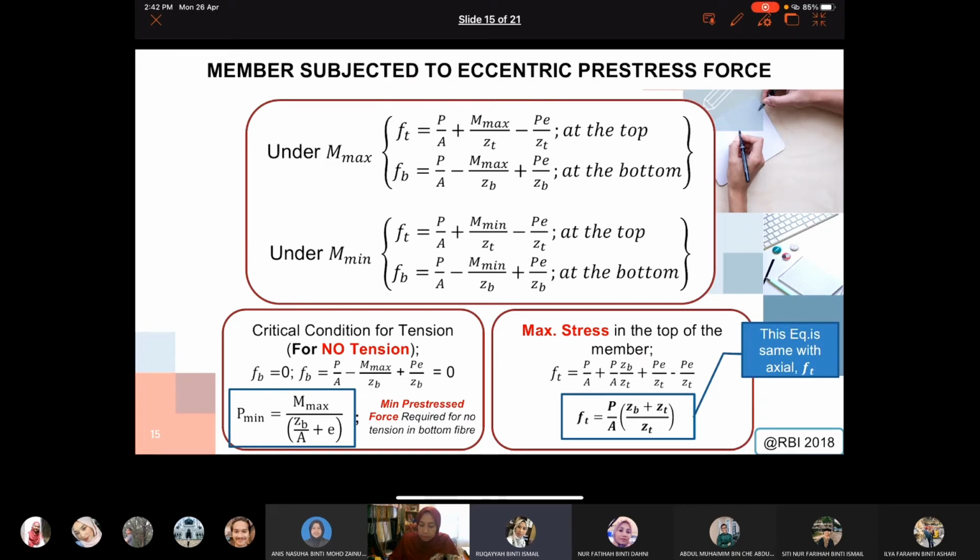The same as what we had for axial stress or axial position of your tendon, where we can calculate the critical condition for tension, which is when we say that there's no tension. So when there's no tension, we can say that your bottom stress is equal to 0.